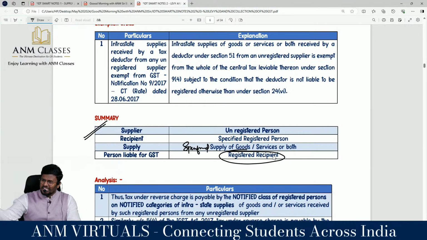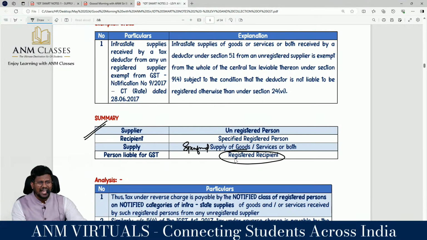If the supplier is an unregistered person and the recipient is a specified registered person, and supply is a specified supply of goods or services or both, then the person liable to pay GST is the registered recipient. Sir, for the purpose of section 9 subsection 4, they have specified who is liable to pay tax under 9(4).